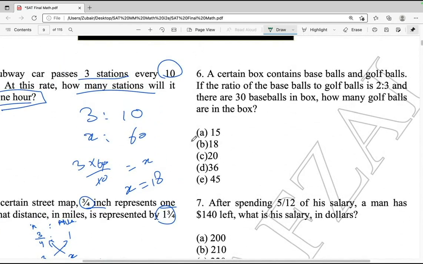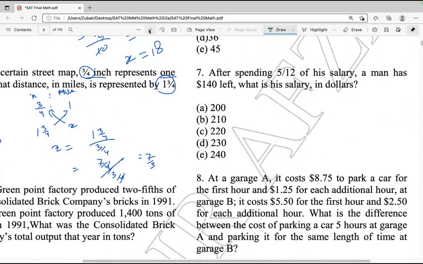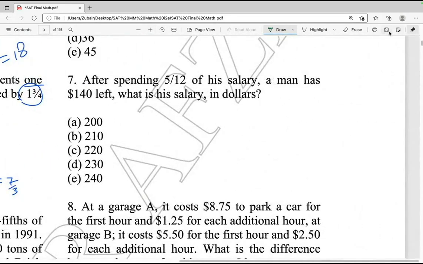Try question number 7. Is it 240? Let me quickly check.